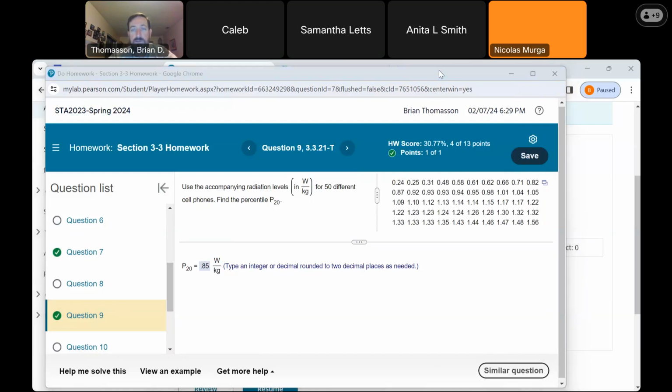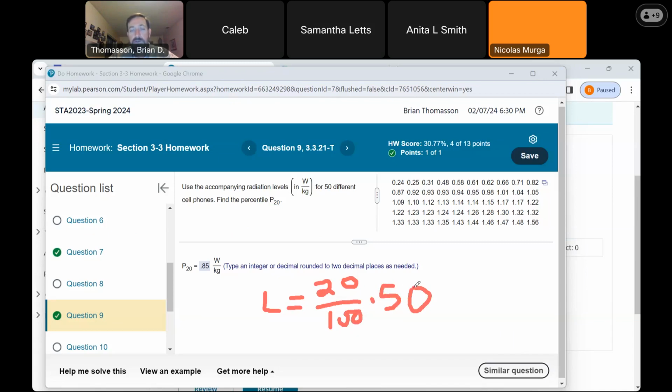This is where we use that L value. For our L, we take the percentile in question, in this case the 20th percentile, and put that over 100. It's always going to be over 100. And we multiply by the number of data elements we have, which in this case is 50 cell phone values.